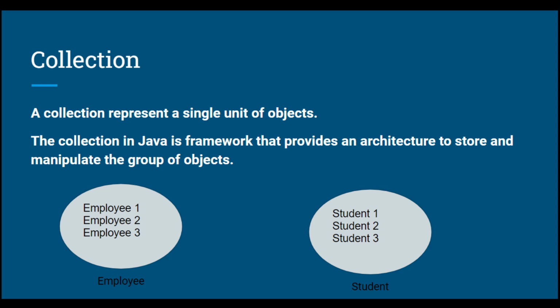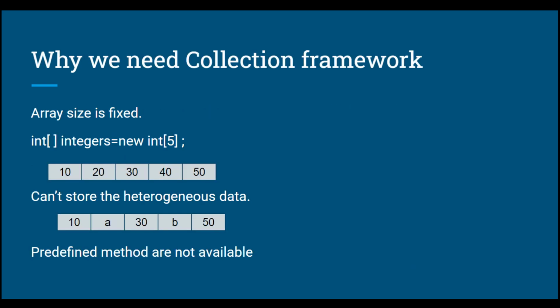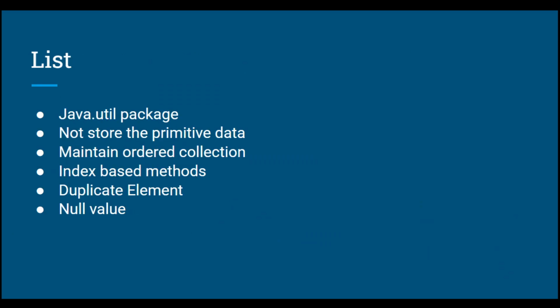If you try to store primitive values like int or boolean, we cannot store them in the collection. That's why we have to use the wrapper classes to store the elements. Like if you want to store 100 or any number, we have to use the Integer class. These are the things we have to consider when using the list.